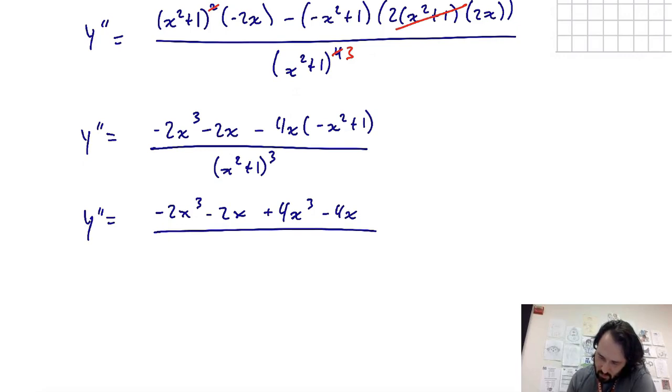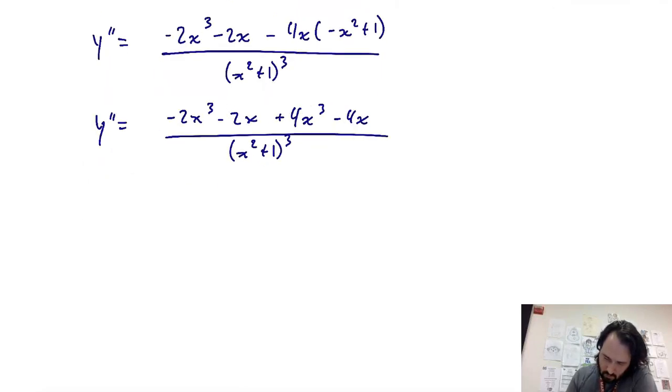Go over the same denominator. All right, and then I will set it equal to 0 and factor out 2x. So this will make it x squared minus 3.